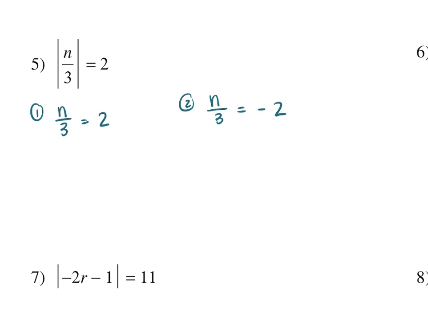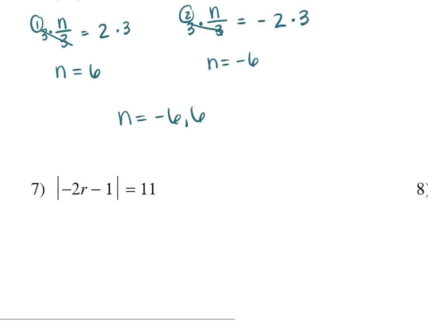Since n is being divided by 3, we have to multiply both sides times 3. So that means that n equals 6. Then our second side, multiply by 3 to get rid of our denominator, and that means n equals negative 6. So our answer is n equals negative 6, comma 6, because it can equal either negative 6 or 6.